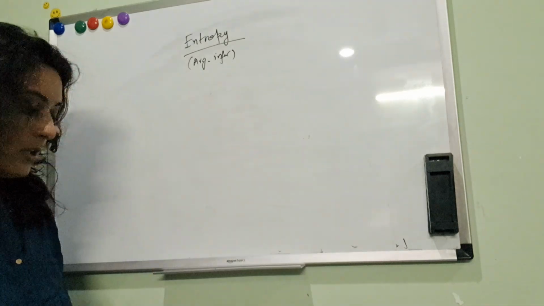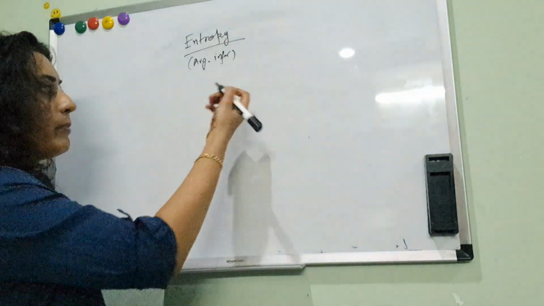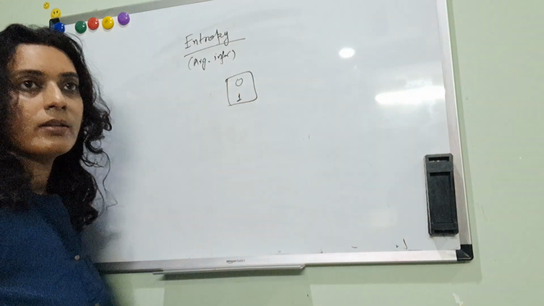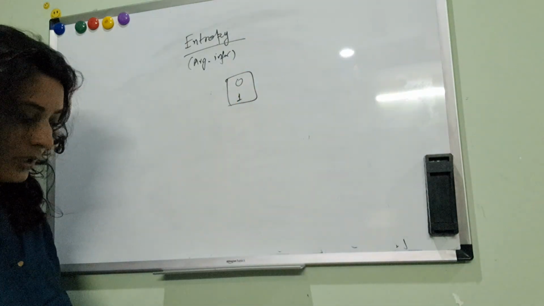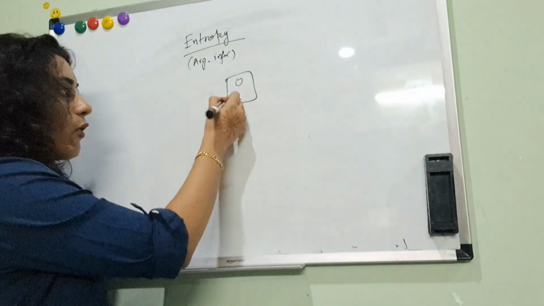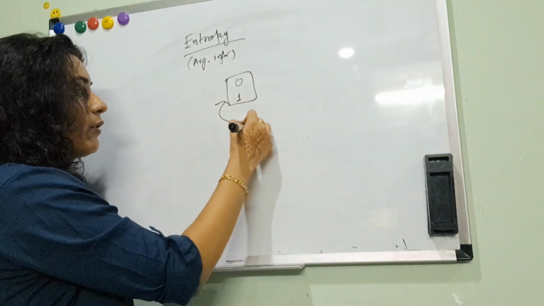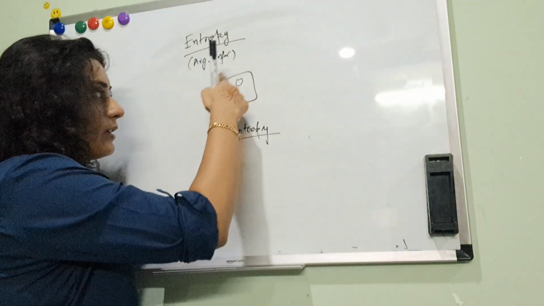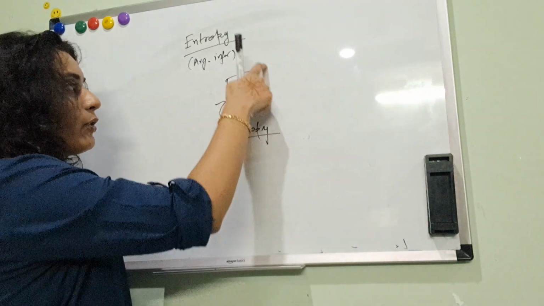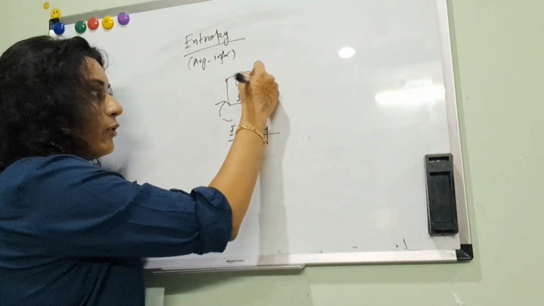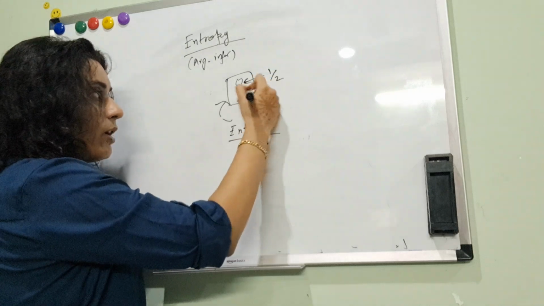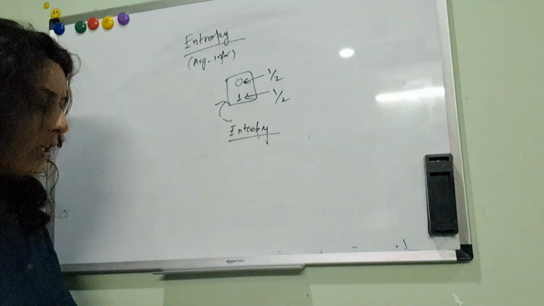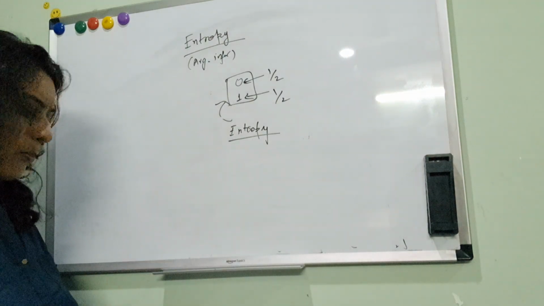If we have a binary source, in a binary source what happens? 0 or 1. This means a binary source, and we have to calculate its entropy. What is the entropy of binary? The probability of 0 will be half, and the probability of 1 will be half, because we have a binary source and we have to calculate simply the entropy.